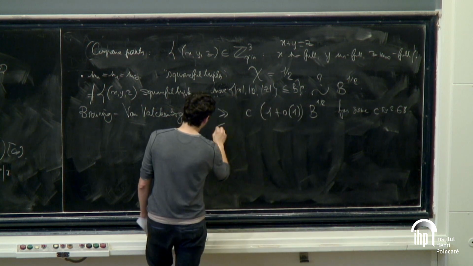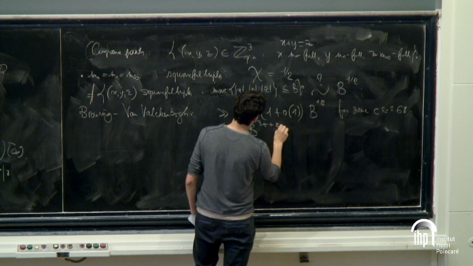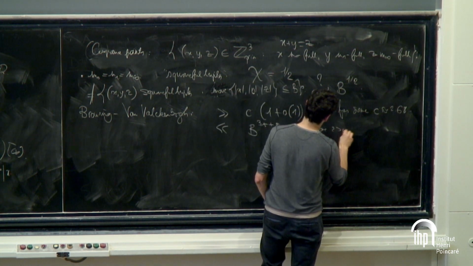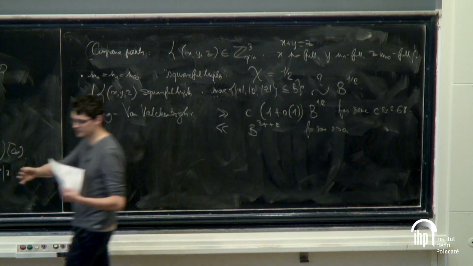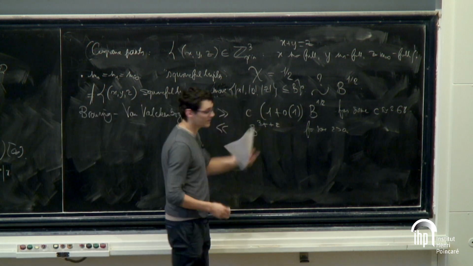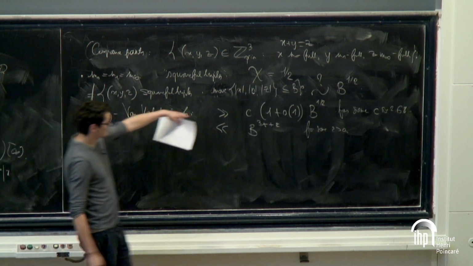And they could also prove an upper bound of the form b to the power 3/5 plus some epsilon. So somehow they were able to get a very rough sandwich for this counting function, but it seems to be a very difficult problem to actually get asymptotics for this counting problem.